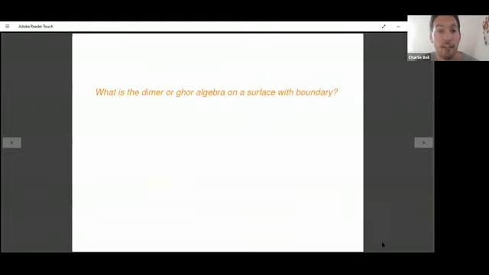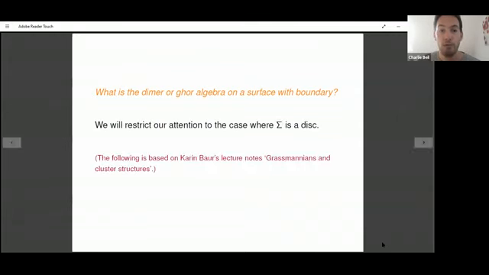Okay, now what is the dimer or Gore algebra on a surface with boundary? We will restrict our attention to the case where sigma is a disk. This part is based on Karen's lecture notes, Grassmannians and cluster structures.